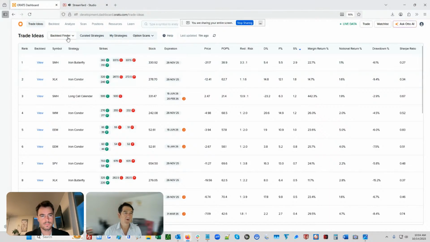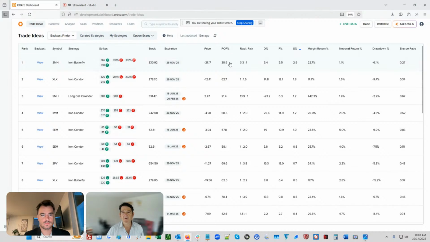But we're going to start with what comes up first in the ORATS dashboard, and that's the backtest finder. You'll notice that there's an SMH iron butterfly. It shows what the legs are, where the stock is, the expiration or expirations, and what the price of the trade is, the probability of profit, the risk reward.